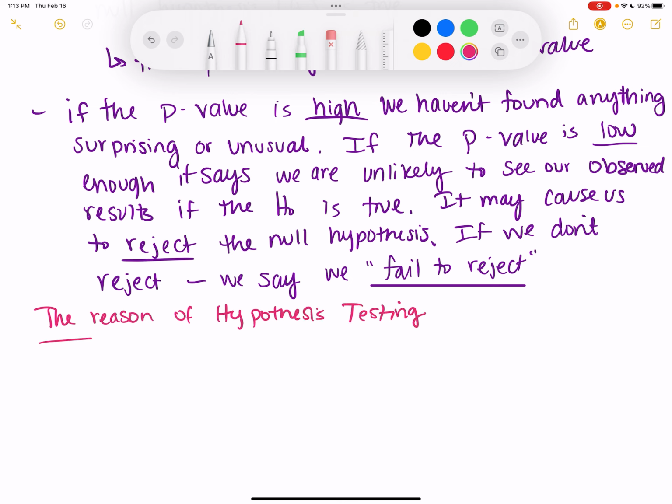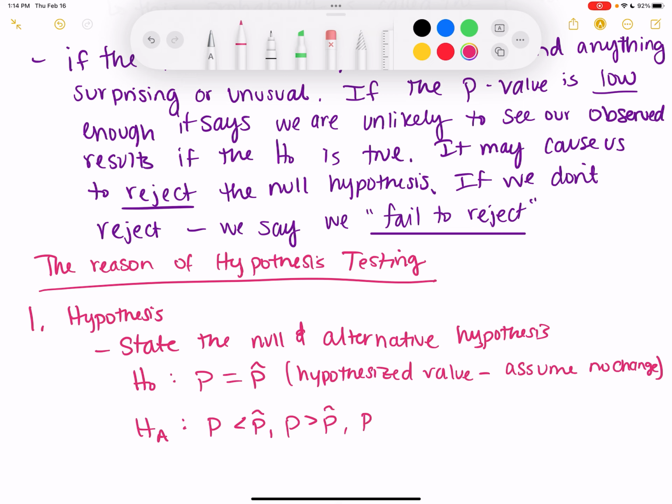So we would have a null, which would say that P is equal to P hat. So this is the hypothesized value. Assume no change. Then we have our alternative hypothesis, which says that either P is less than P hat, P is greater than P hat, or P is not equal to P hat. And this is what we are trying to prove.